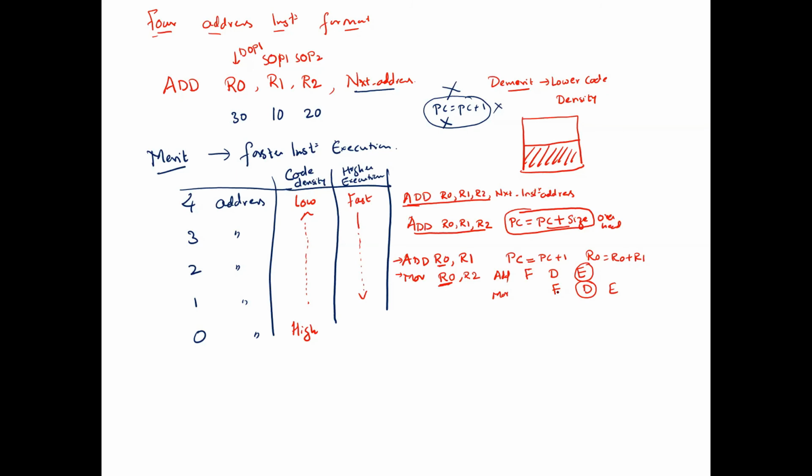If operands are independent, then we could have used the decoder circuit and overlapped it. So during the execution, since operands are dependent, there will not be decode performed.